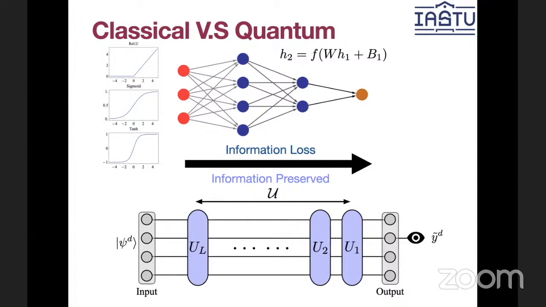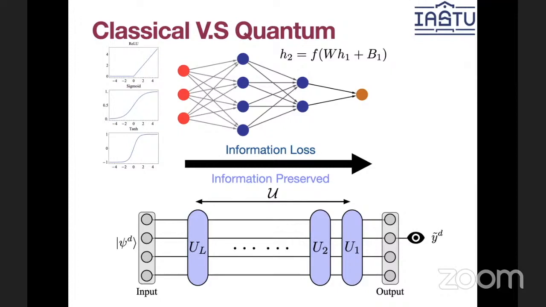So for this nonlinear activation function and the repeated layer structure, classical neural networks have the universal approximation theorem, which means that a neural network can fit a continuous function with any high accuracy, just by taking a very large or very deep classical neural network.